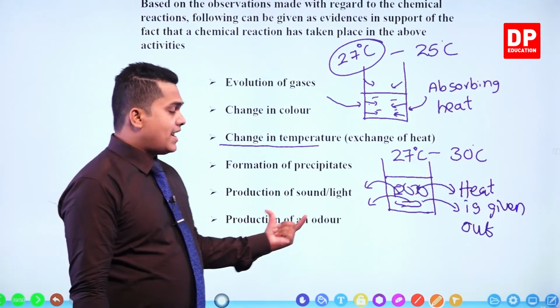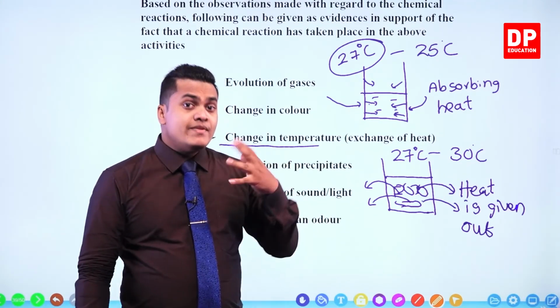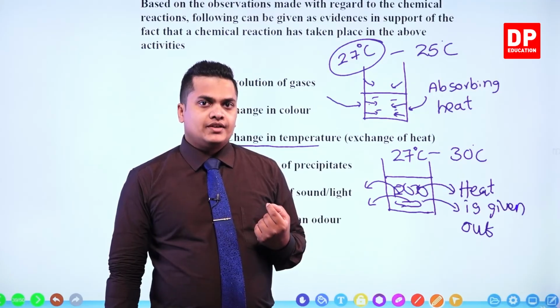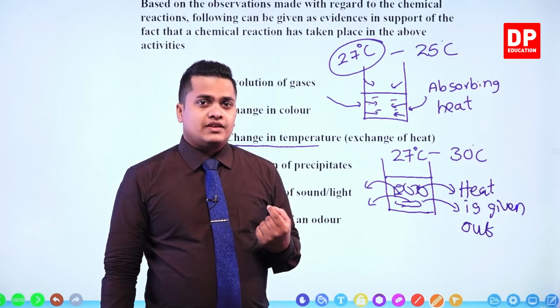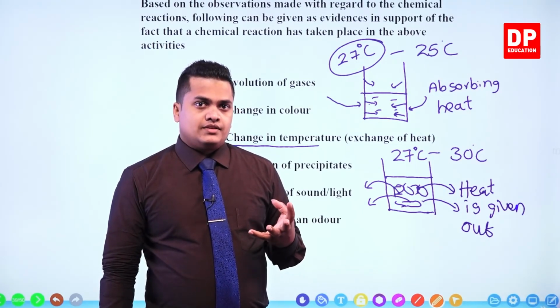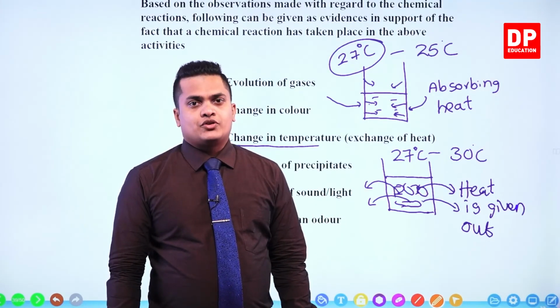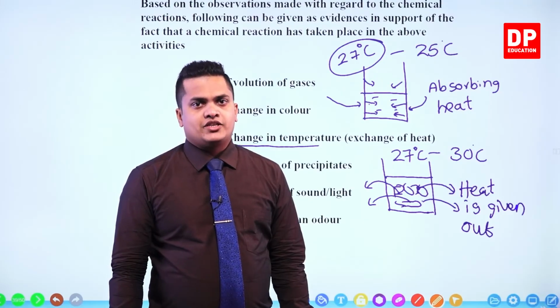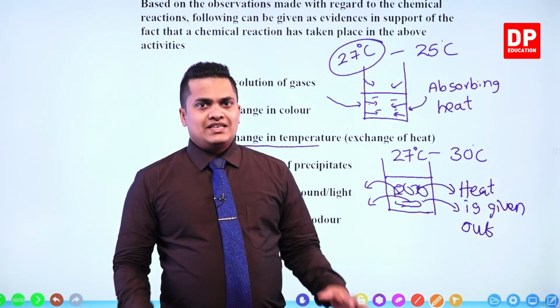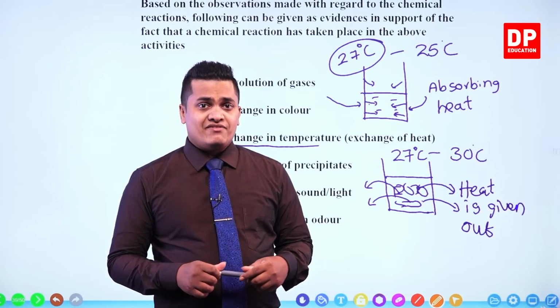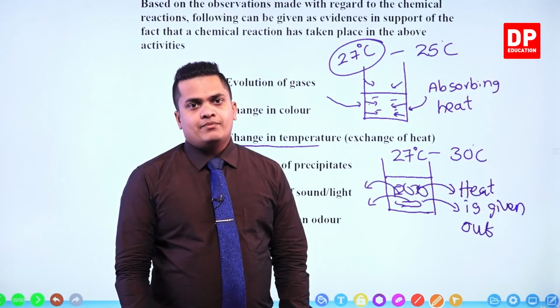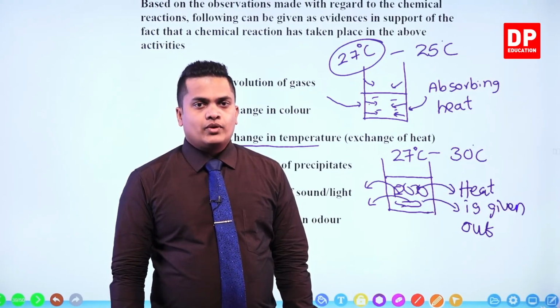Then the next one, production of an odor, a smell, right? Production of an odor or giving out a smell. Smell change is also a good example to show that there is a chemical change, my dear children. So these are the main evidences that we can provide during a chemical change.